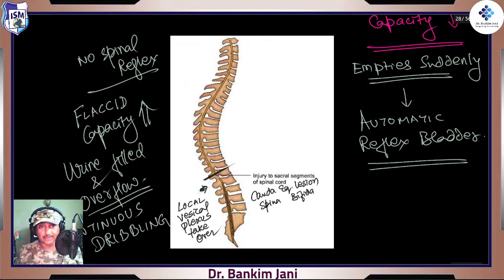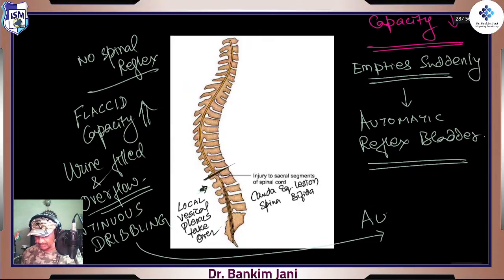When there is this continuous dribbling, this is what is called the autonomous bladder.